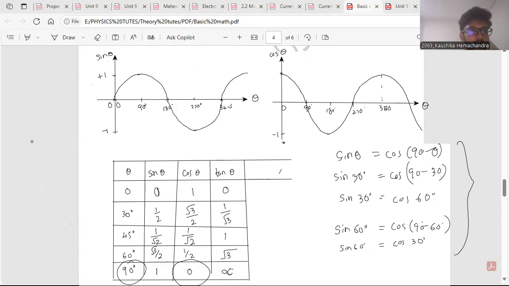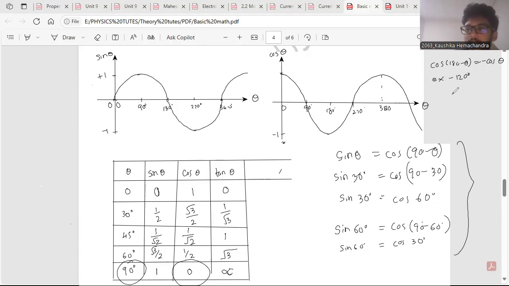Now in the cos theta graph we can take that equation. Cos 180 minus theta equals minus cos theta. This is usually used for angles greater than 90. For example, take 120 degrees.